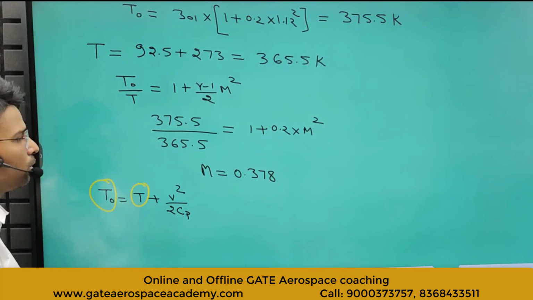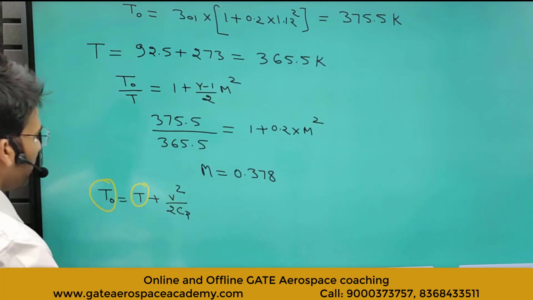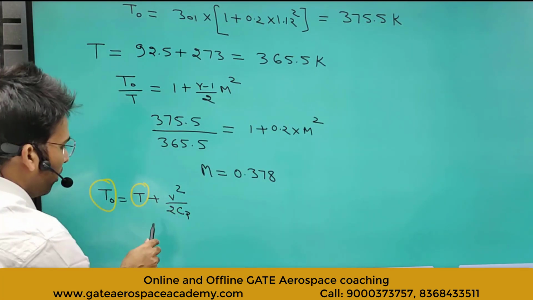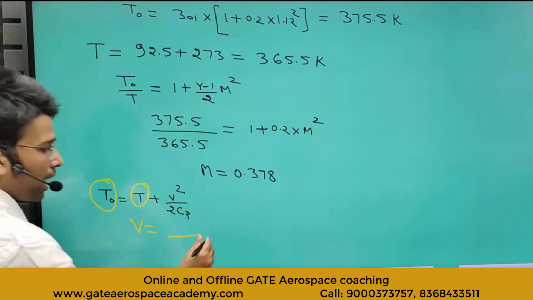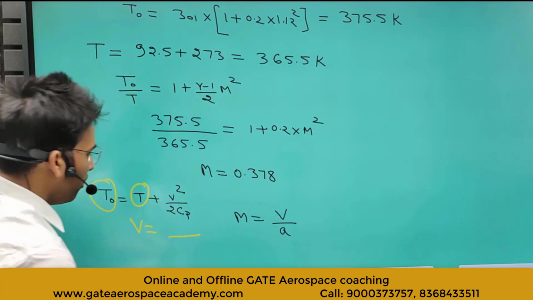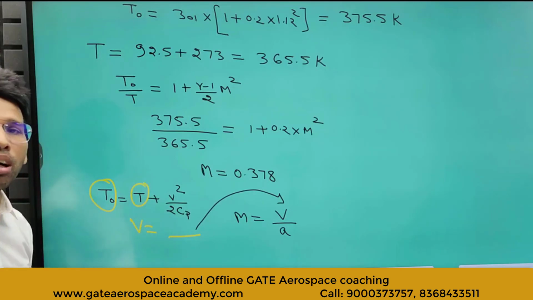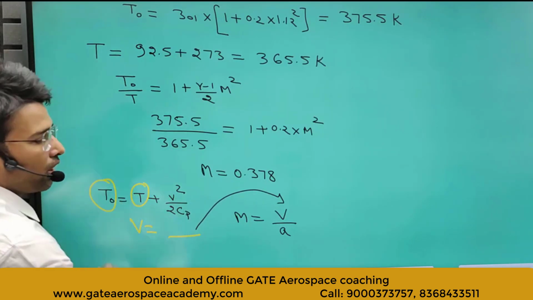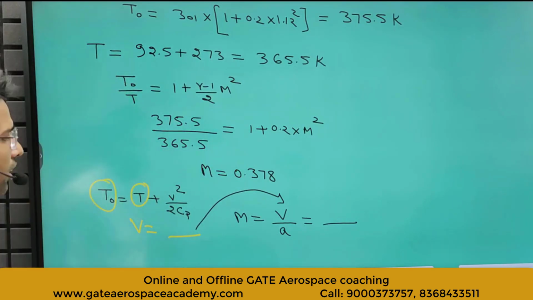This T is given, 92.5 plus 273 is 365.5 Kelvin. This we got. We can find out V from here, right? And we have to find out the Mach number. So Mach number is V by A. V we got from here. What is A? Under root gamma R T. T is given. We can find out the Mach number in this way also, right?